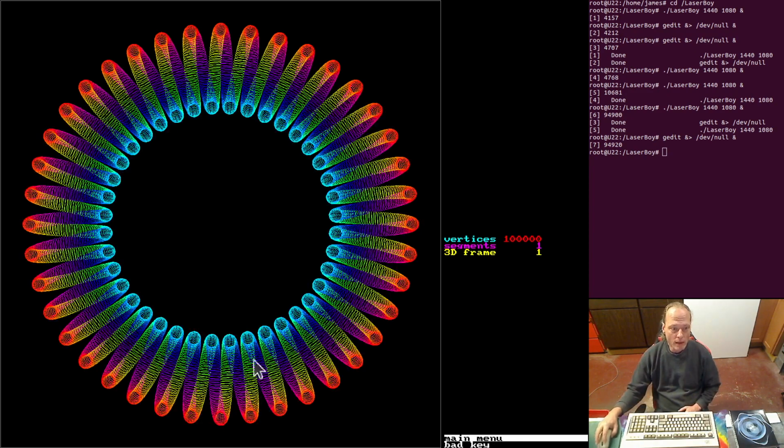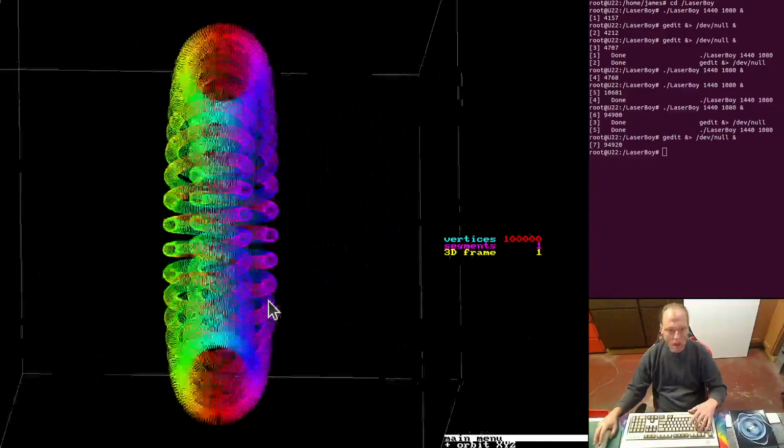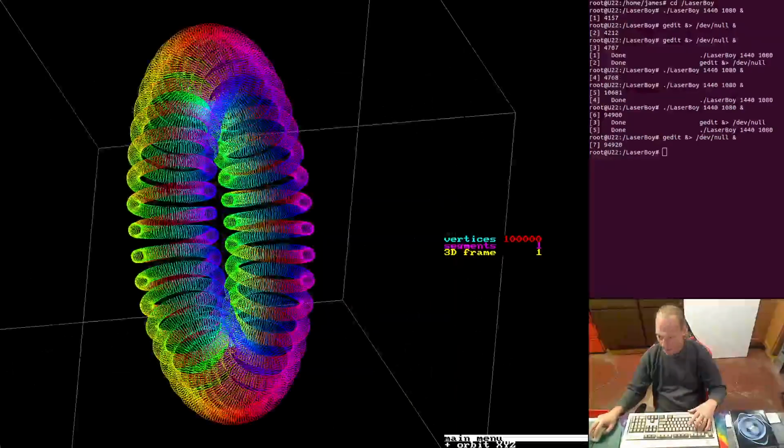See? Now they're all the same color. Because each time this loop is going around, it's doing a total full cycle of the palette of 1530 colors. All right.